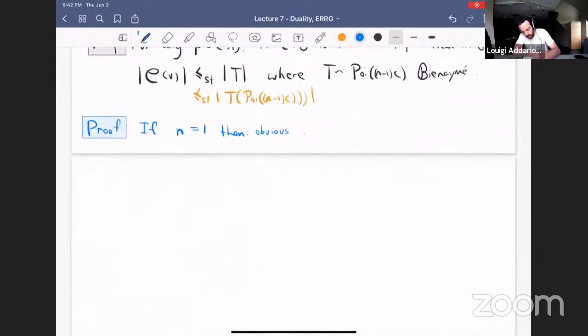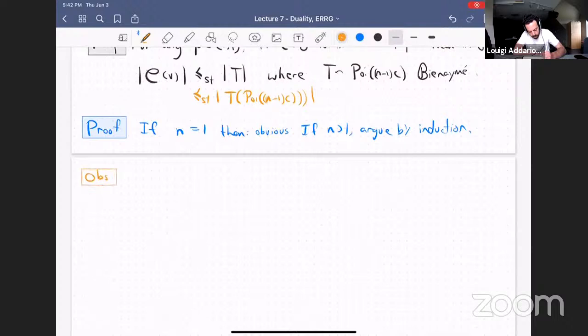Okay, and so if n is bigger than 1, we'll argue by induction. First I'm going to build up from Bernoulli random variables. Here's the key step, if you like.